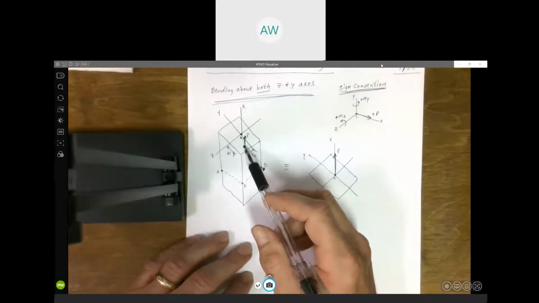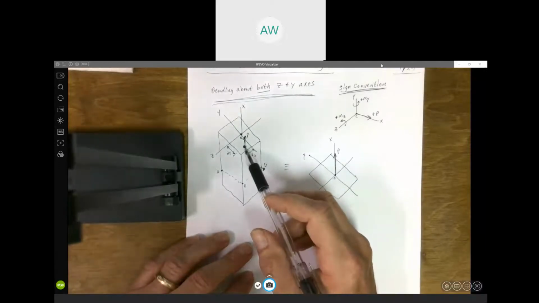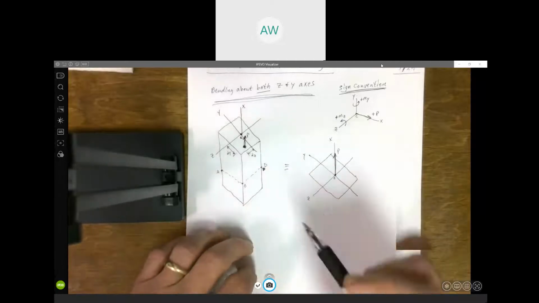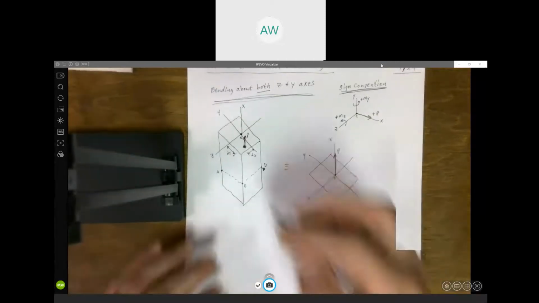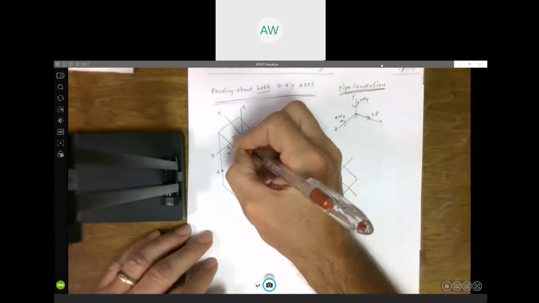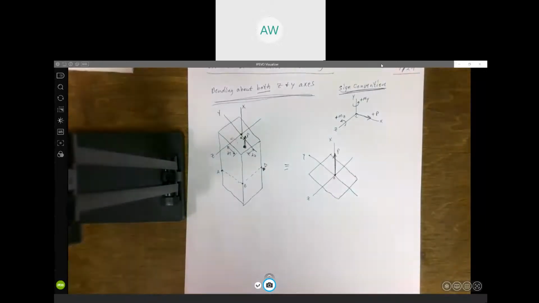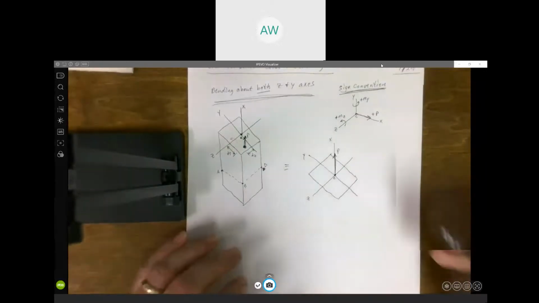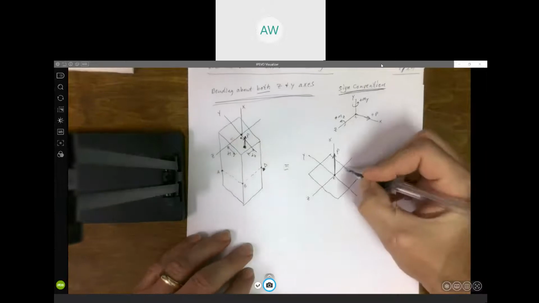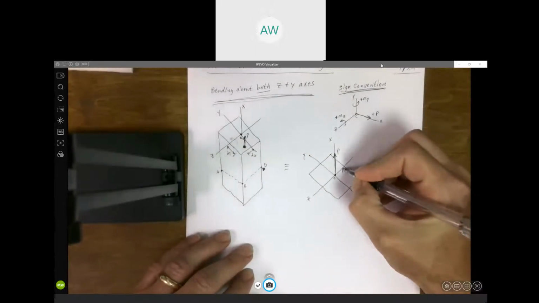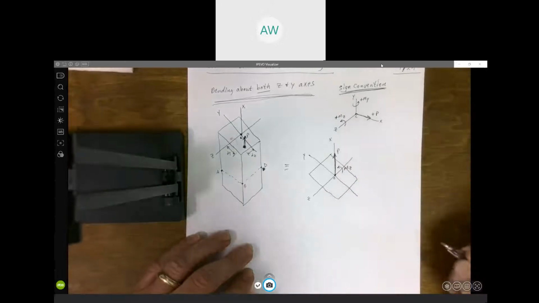This force P, if it's acting up where it's shown on this picture, that's going to cause a moment in this direction about the z-axis. So we're going to have this moment, call it Mz, acting in that direction.